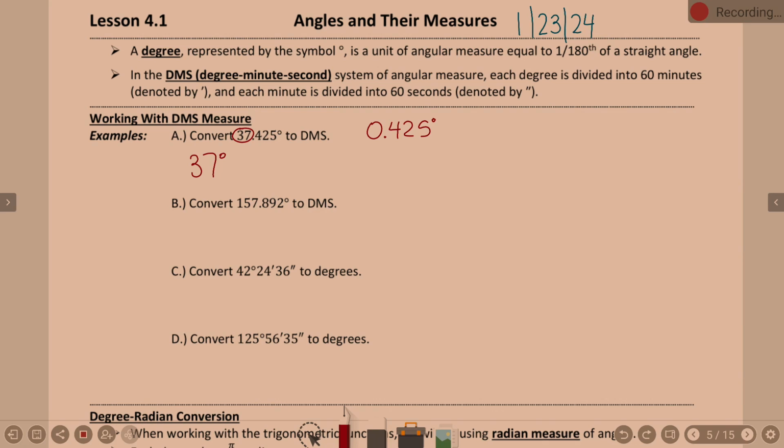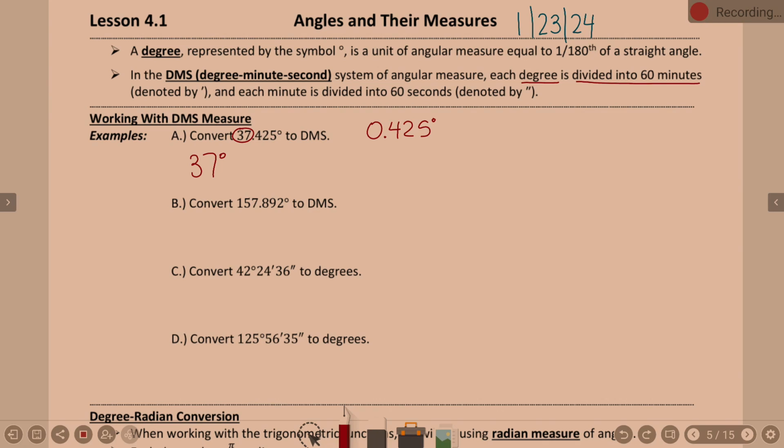What did we just talk about? Up above it says each degree is what? Each degree is divided into 60 minutes. Okay? So when you talk about converting units, we've done this before in algebra, you've done this in chemistry, but each degree, so 1 degree is equal to 60 minutes.